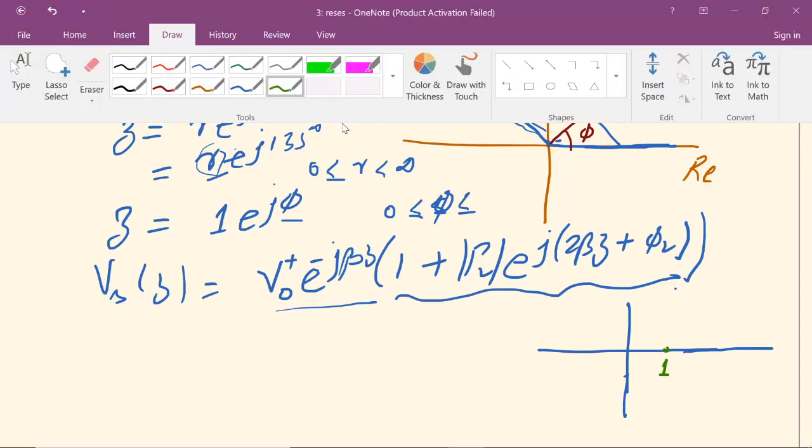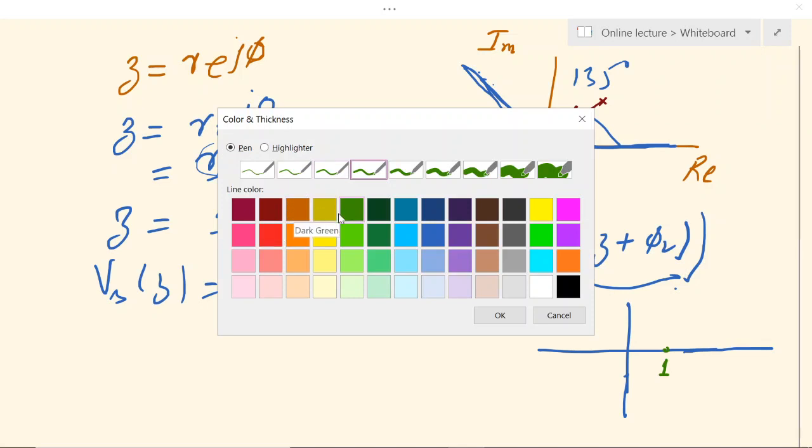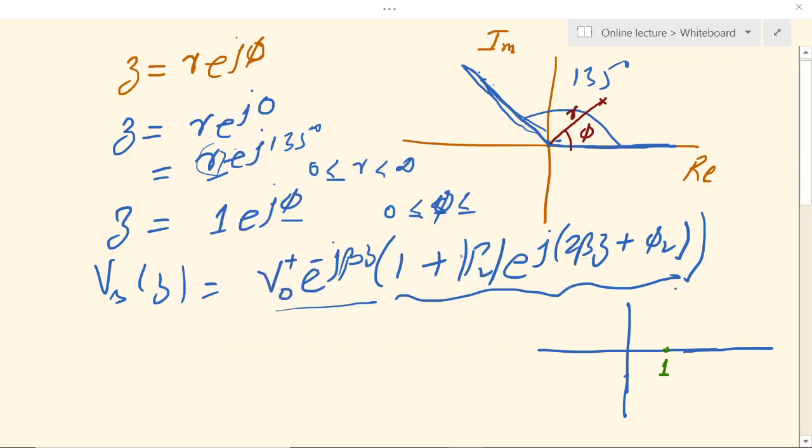Let's take another pen, brown. Here this is a magnitude which is fixed. Once the load is connected, you can calculate the magnitude, and that will be fixed. The magnitude is fixed, but with different lengths of transmission line at the location you have a different phase.